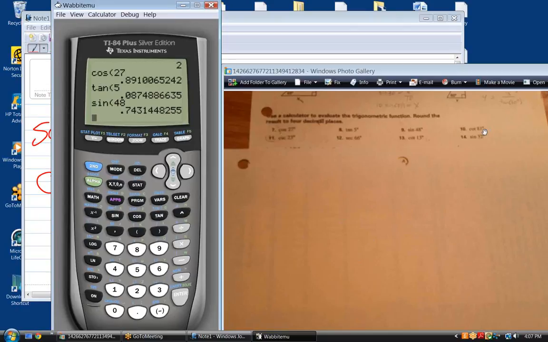The cotangent of 81 degrees. What am I going to type in? Just tangent. Okay. There's what I get for the tangent of 81. Now what? Now you do the reciprocal. This key over here.